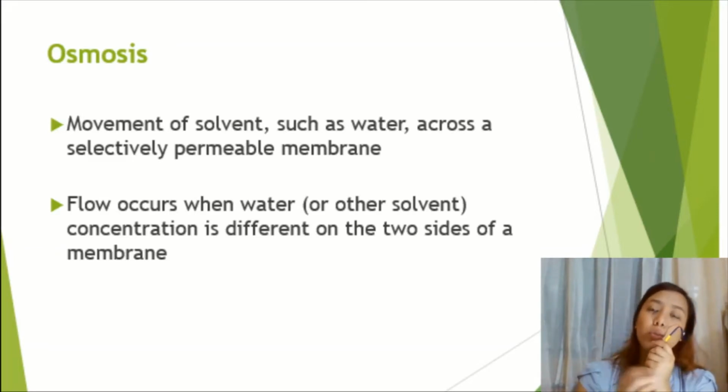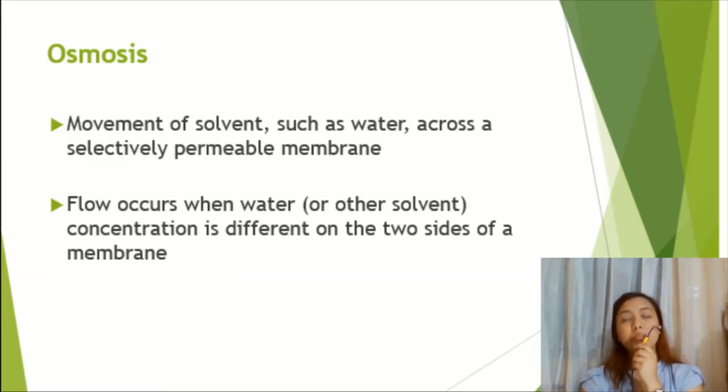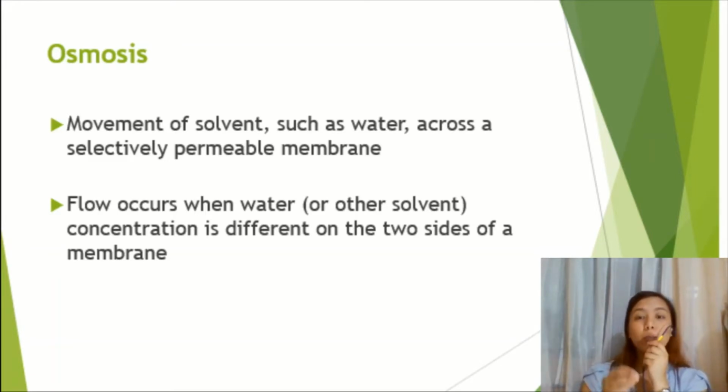So in osmosis, what happens is that we are actually after the movement of your water. So from a higher water concentration solution, it will go to a lower water concentration solution.